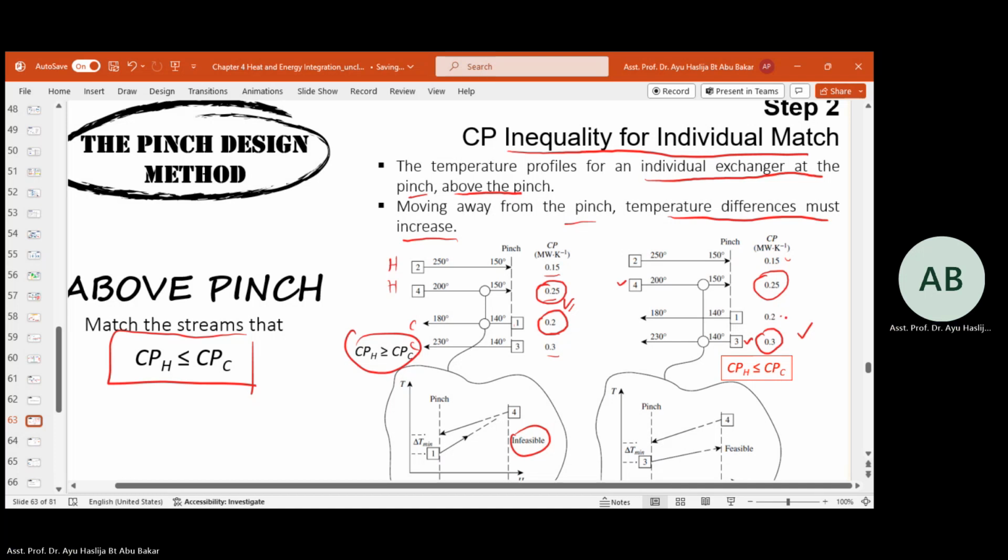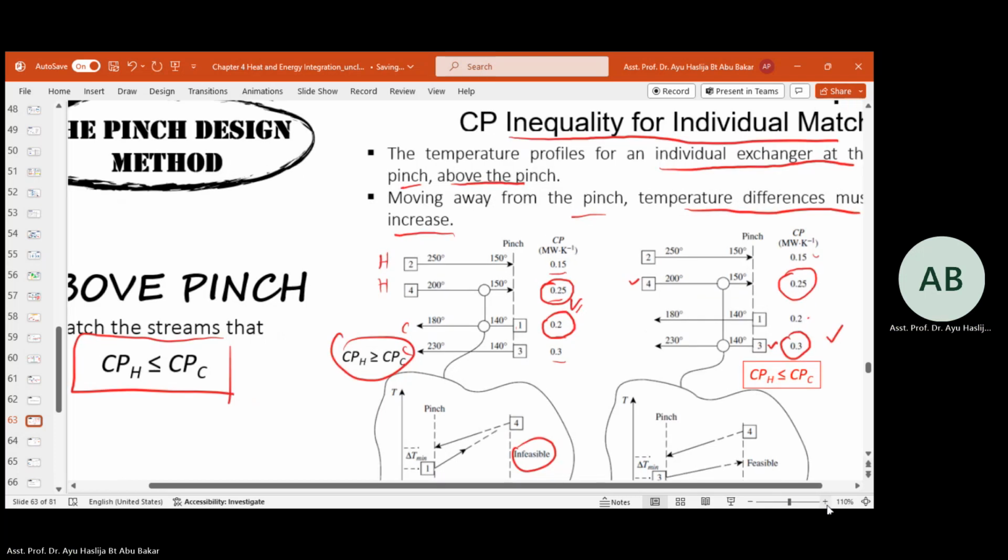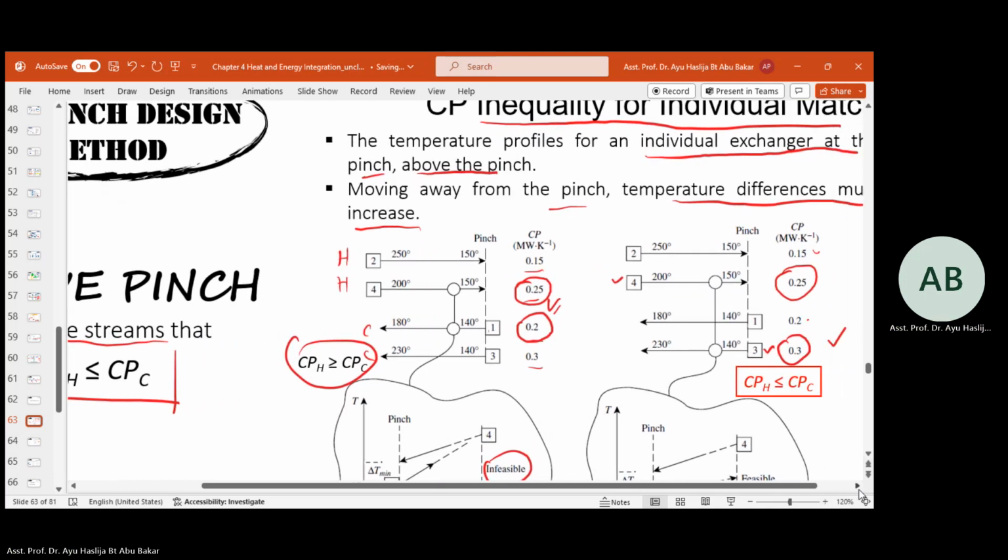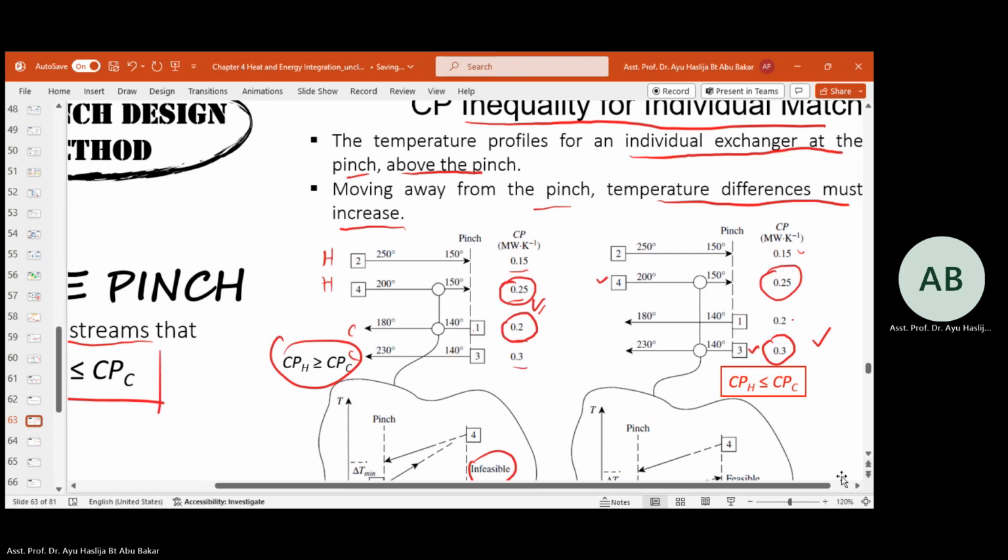Feasible according to the CP. Stream 2 and stream 1. Does it meet the rule? Yes.